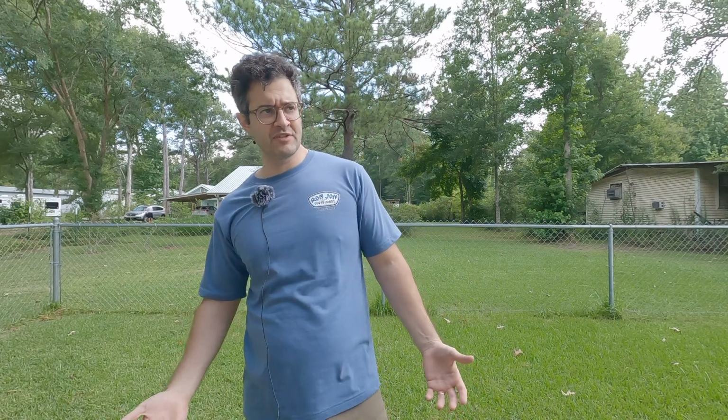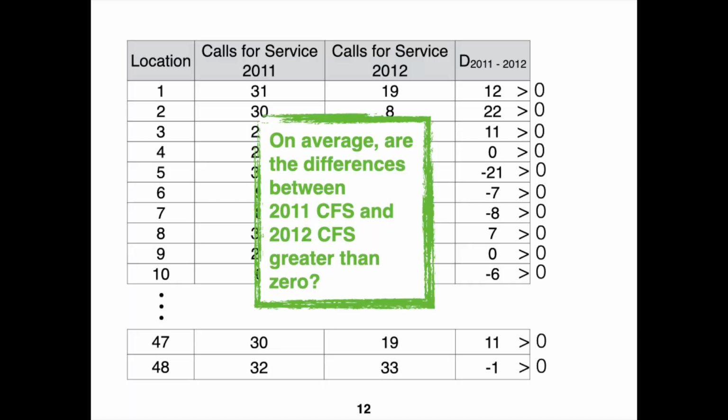So effectively what we do by creating this column of differences is we go from that 2 population situation into a 1 population situation. And we change our question a little bit. Now our question is, on average, are the differences between 2011 calls for service and 2012 calls for service greater than 0?